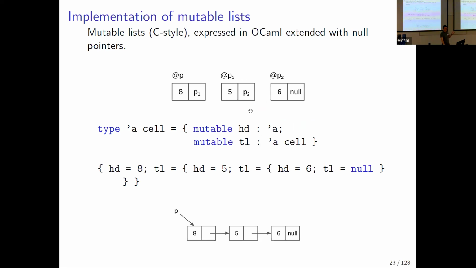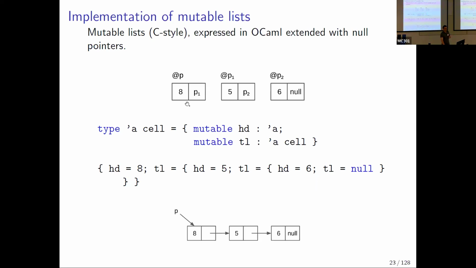The field head is of this 'a type, and the tail is of the same type, like it's a recursive type. In practice, you could have this record, HD is equal to 8, TL is equal to some record, where HD is equal to 5, TL is equal to some record, where HD is equal to 6, TL is equal to nil, and that's it.